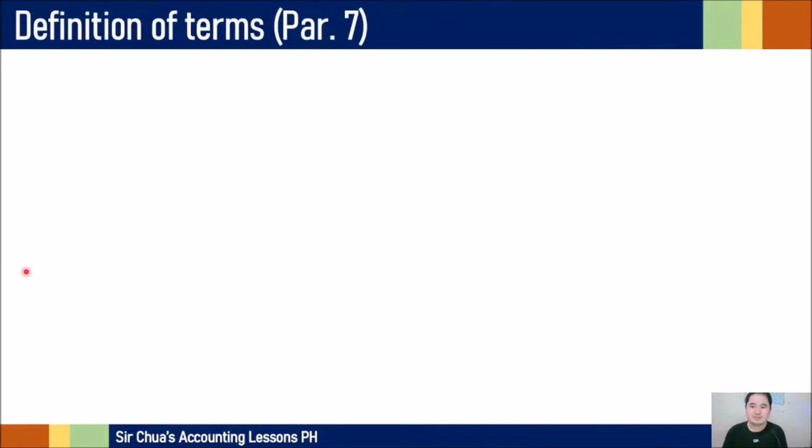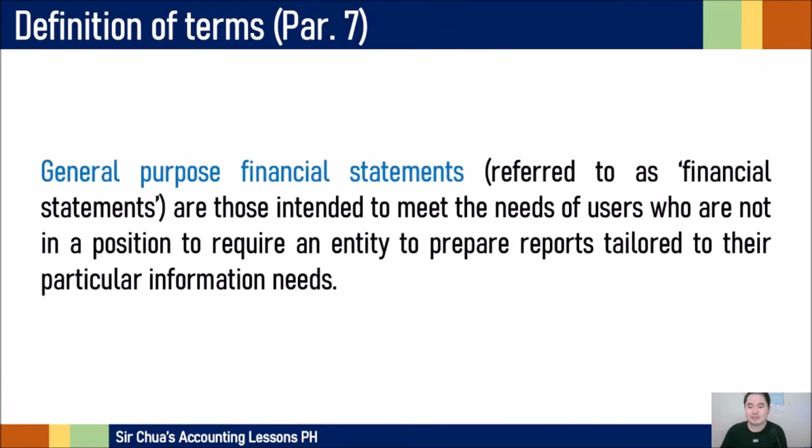Okay, so let's define some terms that will help you in your understanding nung ating mga provisions ng paragraphs and sentences of the standard. Okay. General purpose financial statements, or hereinafter referred to basically as the financial statements, are those intended to meet the needs of users who are not in a position to require an entity to prepare reports tailored to their particular information needs.